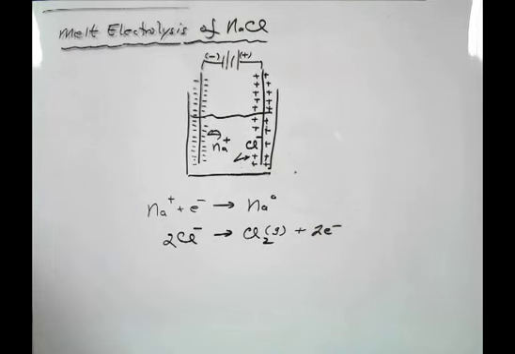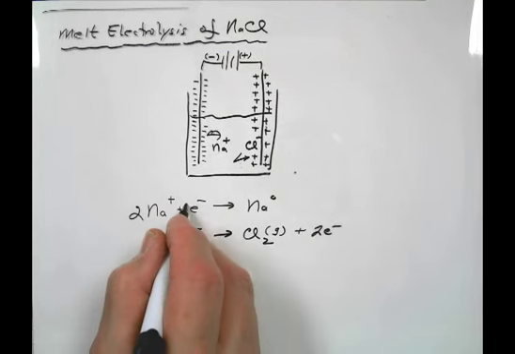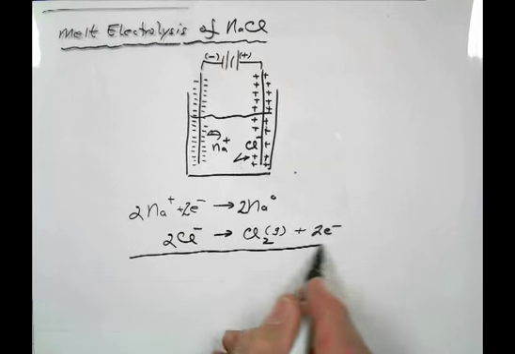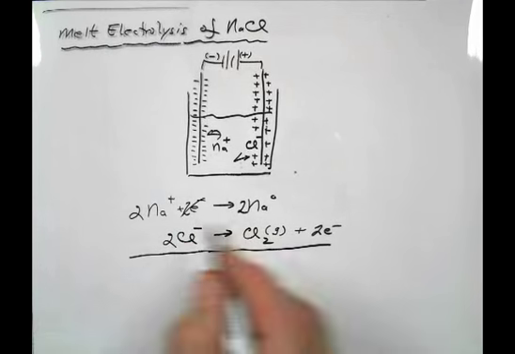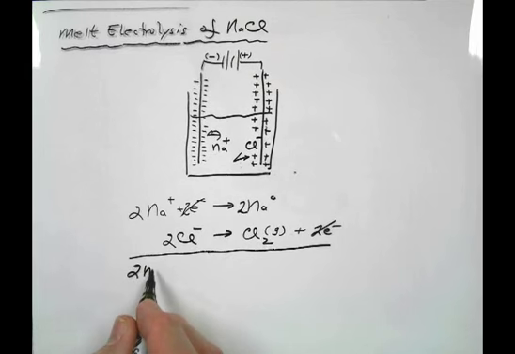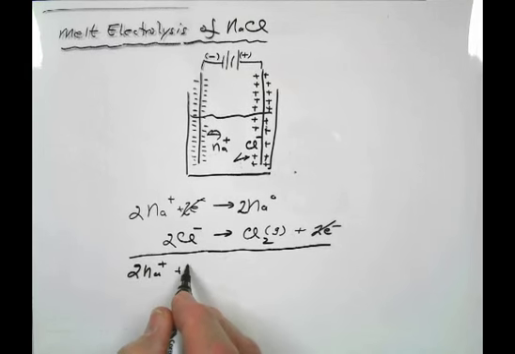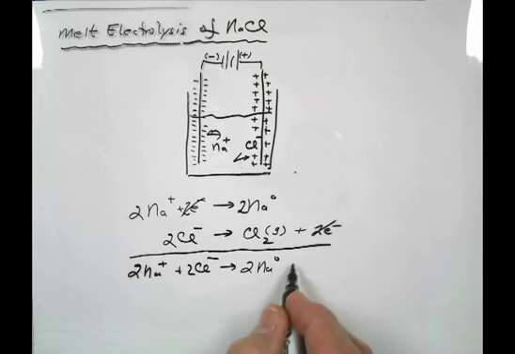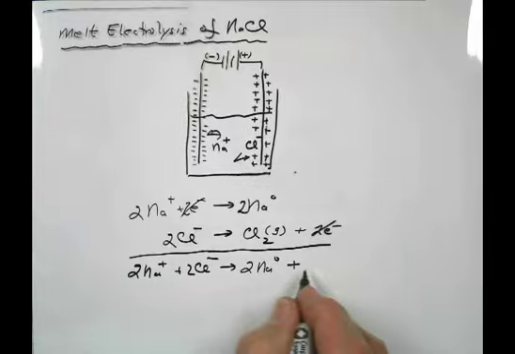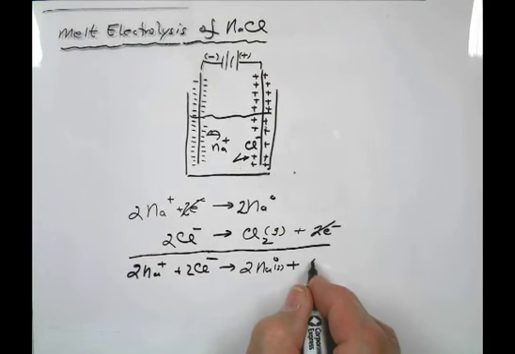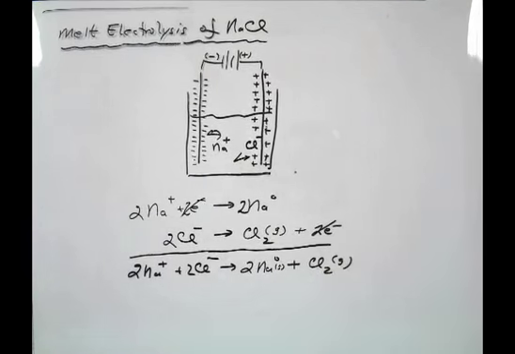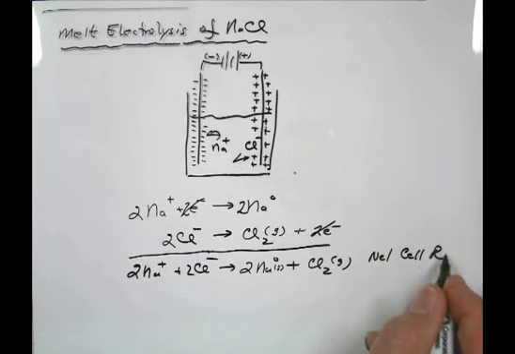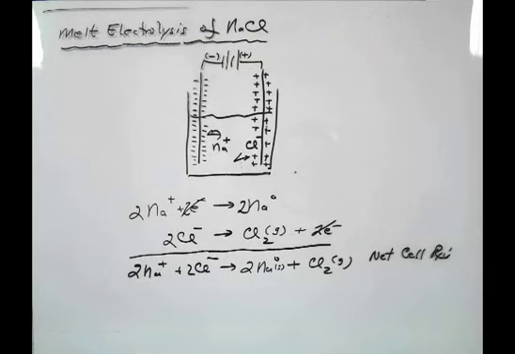So to balance this, we have to double the first reaction as shown, and then add them together to get the net cell reaction. And so that would be 2 sodium ions plus 2 chloride ions will go to 2 sodium metal solid plus Cl2 gas, which is the net cell reaction right here.